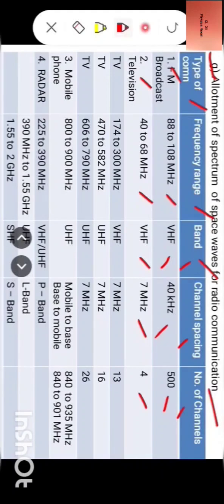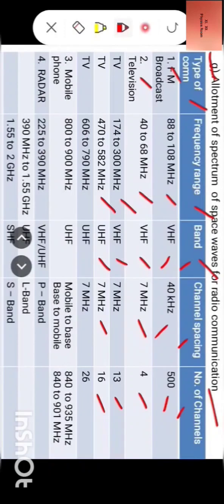Now second range, TV operates between 174 to 300 megahertz. Again it is VHF range. Channel spacing is 7 megahertz, and number of channels accommodated are 13. Third range is 470 to 582 megahertz, which is in UHF range, and channel spacing is again 7 megahertz, and number of channels accommodated are 16.